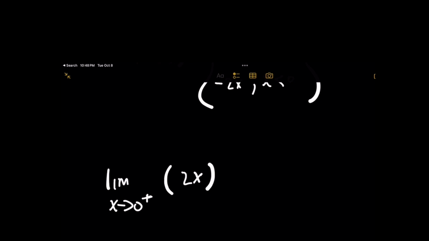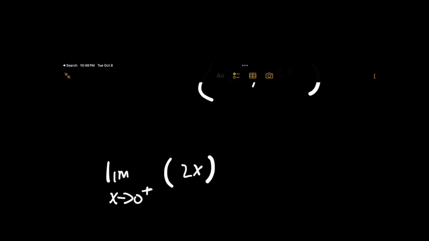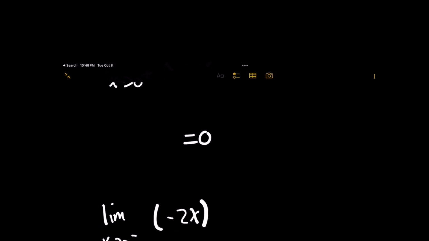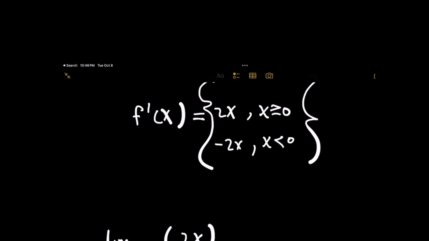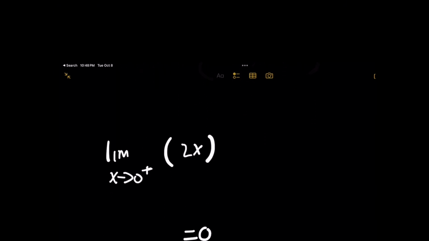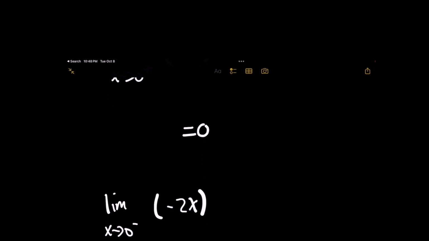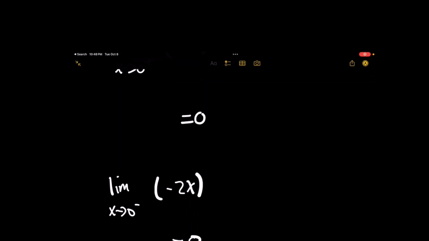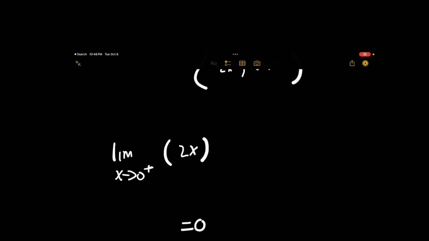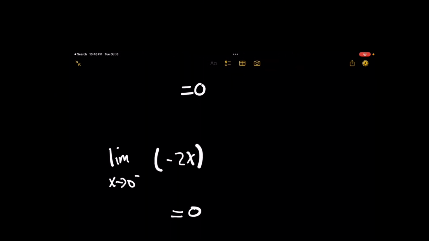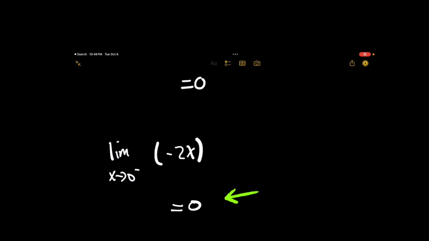And we're going to find that this limit just approaches 0. Similarly, for the bottom half of that piecewise function, this negative 2x, we're now using a very slightly negative value of x, like negative 0.001, because we're approaching the origin just to the left of 0. Now we're dealing with the negative 2x part of this piecewise function above. And in this case, we simply get 0 as well by inspection.